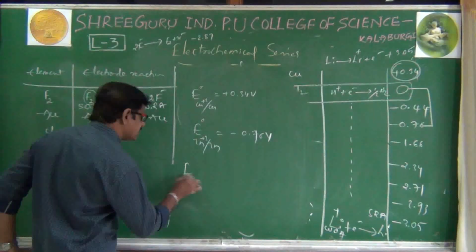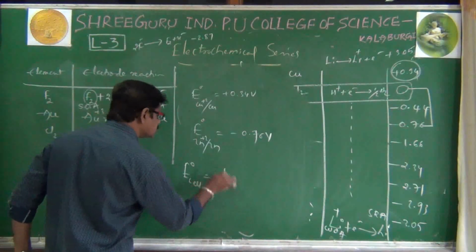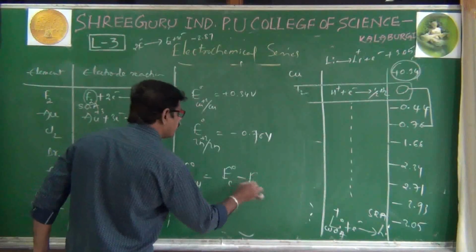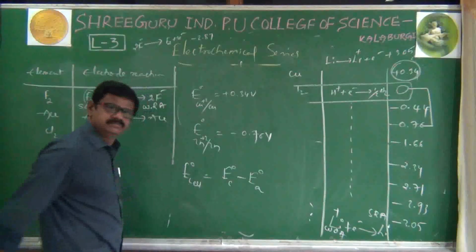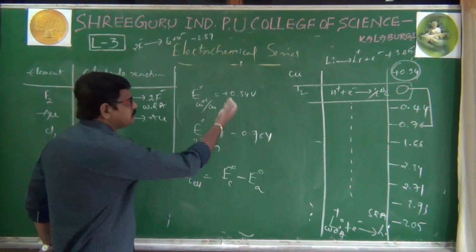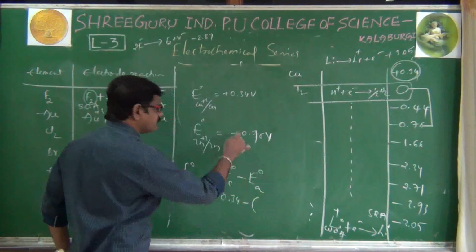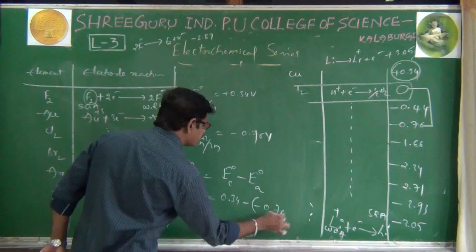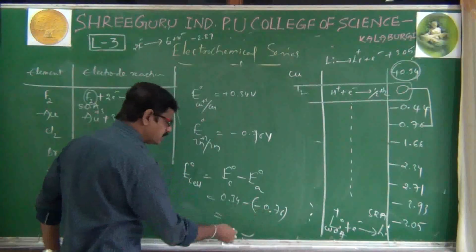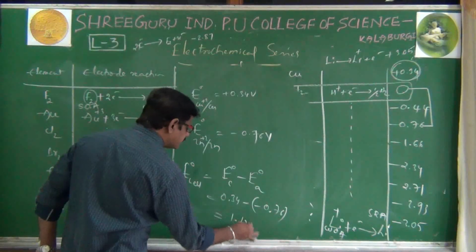Therefore, total cell potential E naught cell is equal to E naught cathode minus E naught anode. Here, which is cathode? The more SRP, that is 0.34, minus of minus the less SRP value. We get the value already known to you, 1.1 volts.